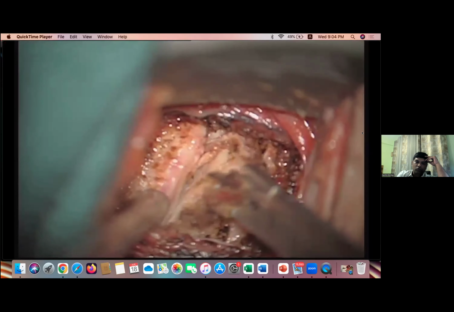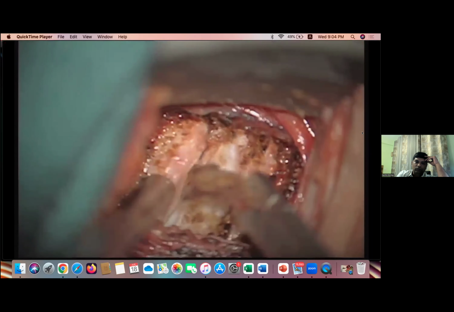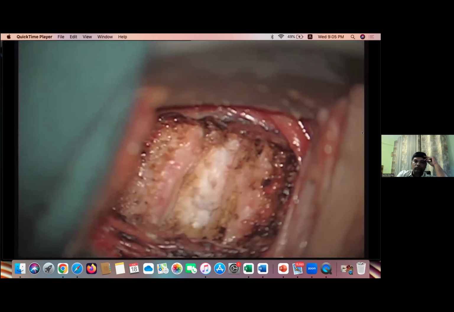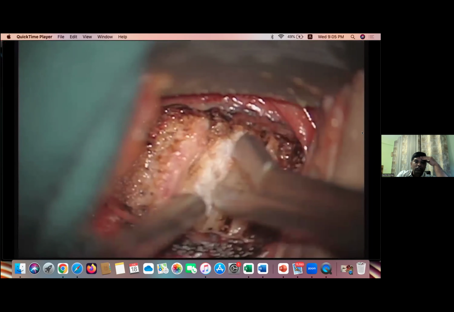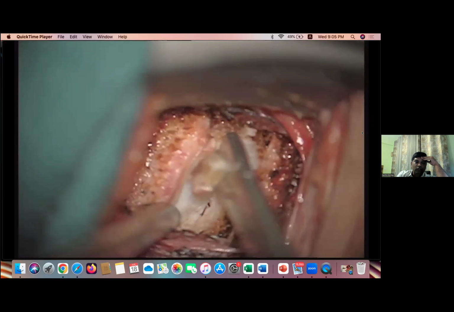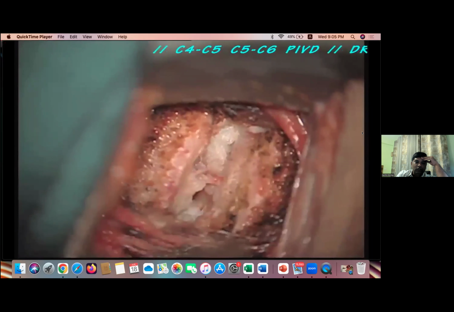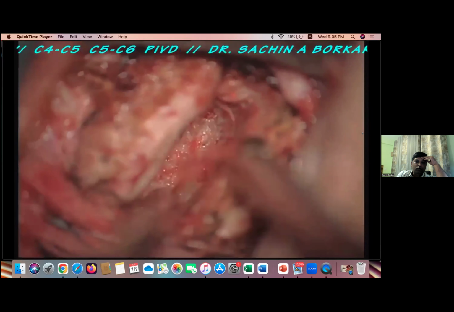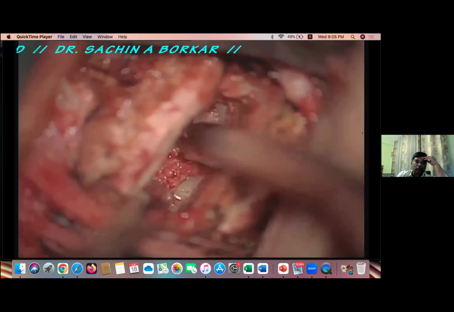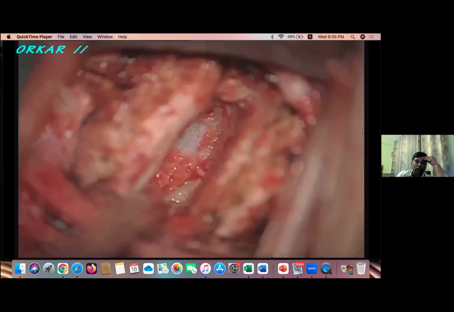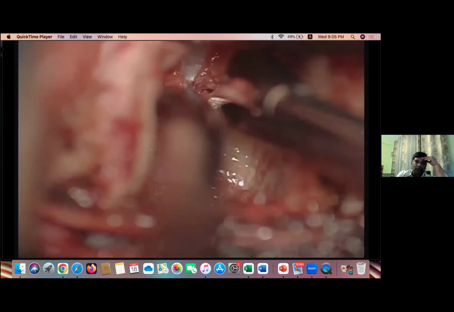The next step is to remove the disc. The initial part is removed with the bigger biopsy forceps. Then you may have to use a curette to remove the other part of the disc.